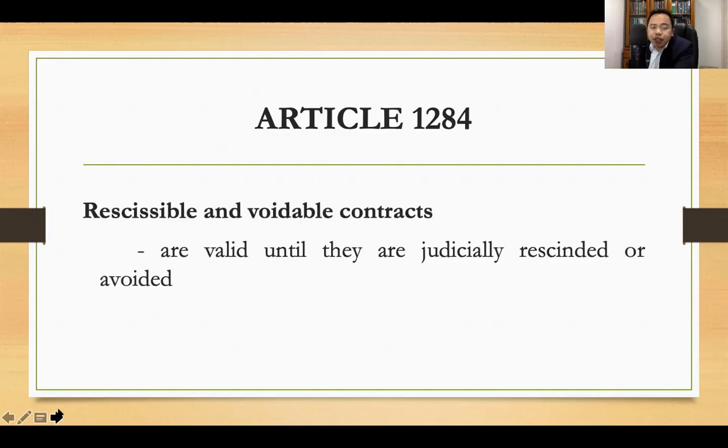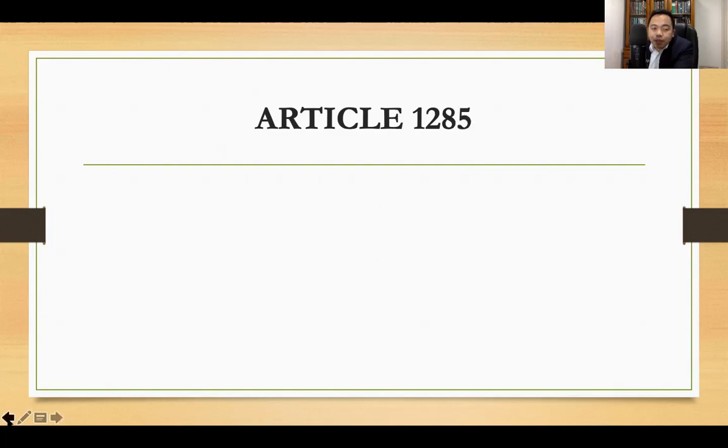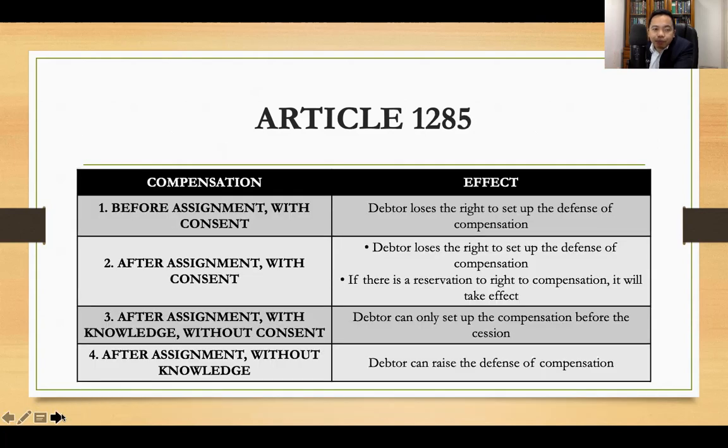Now, rescissible and voidable contracts, class, these are valid contracts unless they are judicially rescinded or avoided. Prior to rescission, debts may be compensated. Okay? Compensation before assignment and with consent, the debtor loses the right to set up the defense of compensation.